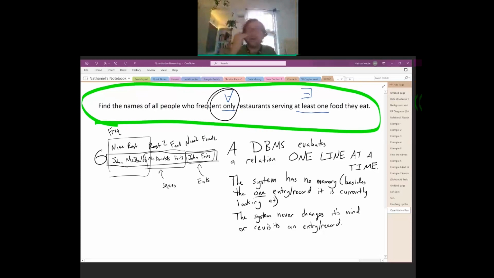Okay, so we've cross-multiplied these three tables together, and now here's John at McDonald's. McDonald's serves fries, and John eats fries.